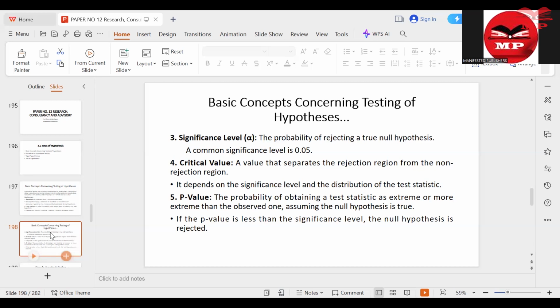This is the probability of obtaining a test statistic as extreme or more extreme than the observed one, assuming the null hypothesis is true. If the p-value is less than the significance level, the null hypothesis is rejected.